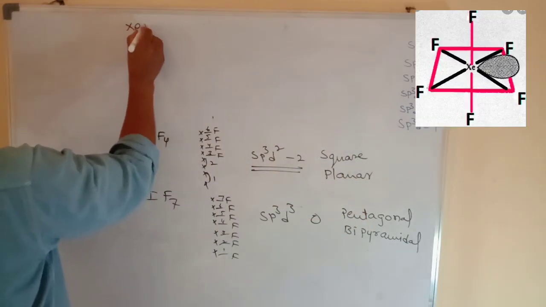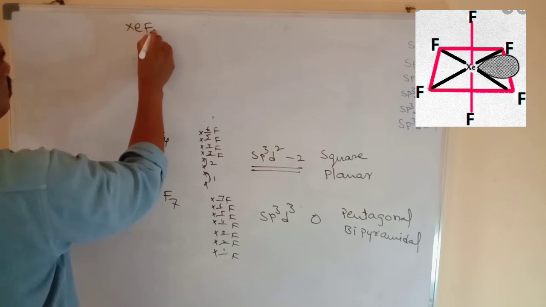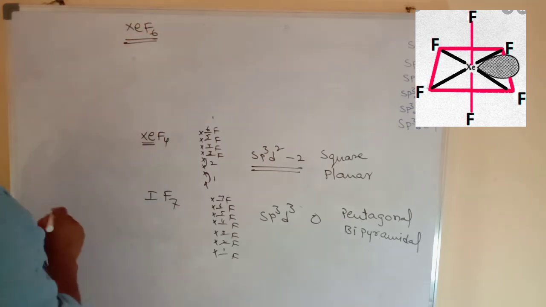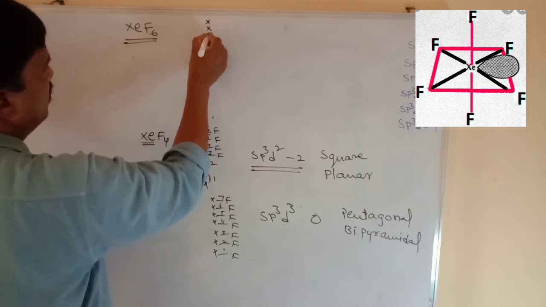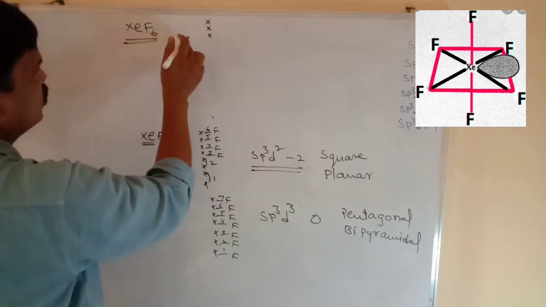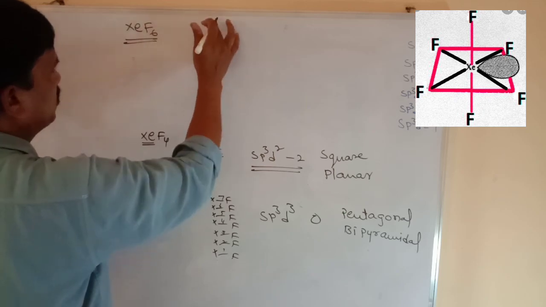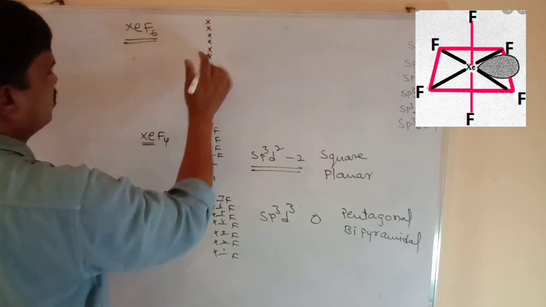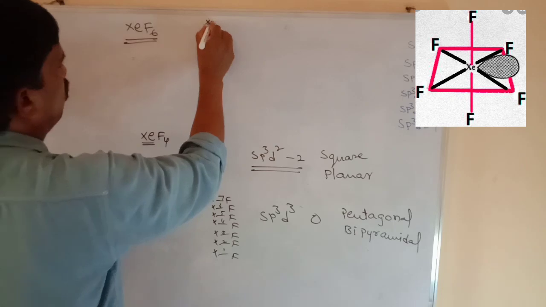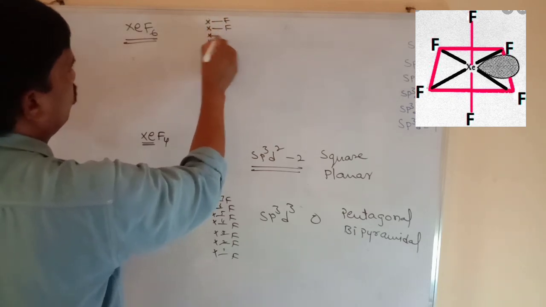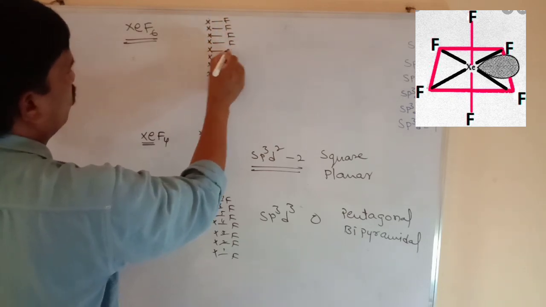For example, xenon hexafluoride. Xenon belongs to the 0 group, but for trick purposes consider it the 8th group: 1, 2, 3, 4, 5, 6, 7, 8. How many fluorines are there? 6 fluorines, each dot gives 1 fluorine.